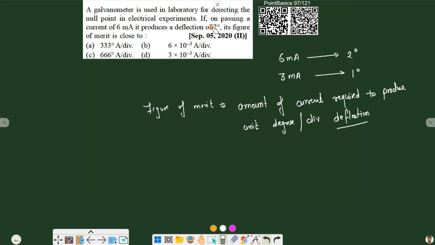Here we have the scale in degrees. Mostly for a galvanometer the scale will be in degrees because it is a rotational scale. So the amount of current required to produce 1 degree of rotation is the figure of merit, and from here we know that for 1 degree we need 3 milliampere. So it will be 3 into 10 raised to power minus 3. Option D will be the right answer here. Let's move to the next one.